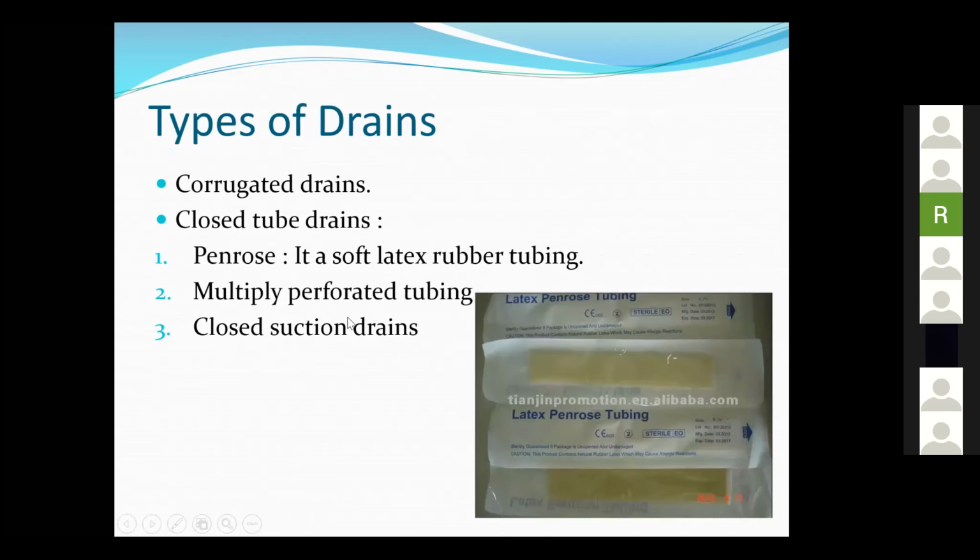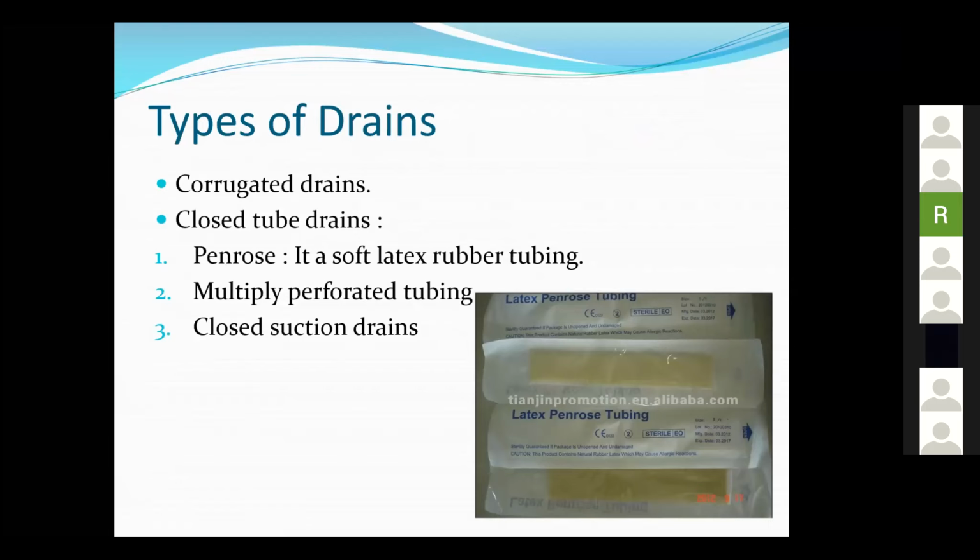So the drains can be corrugated drains, where one ridge is elevated, one is dipping down, one is elevated, one is dipping down. So if you open them in a deep cavity, like a perianal deep abscess, and it is difficult for you to pack the wound deep down, then you put this sort of long pipe, or it can be a silicone or latex thing, and you put it and stitch it up so the fluid does not stay deep down and keeps coming out.